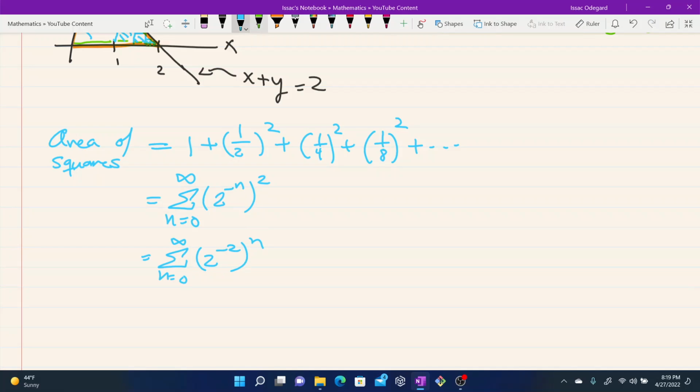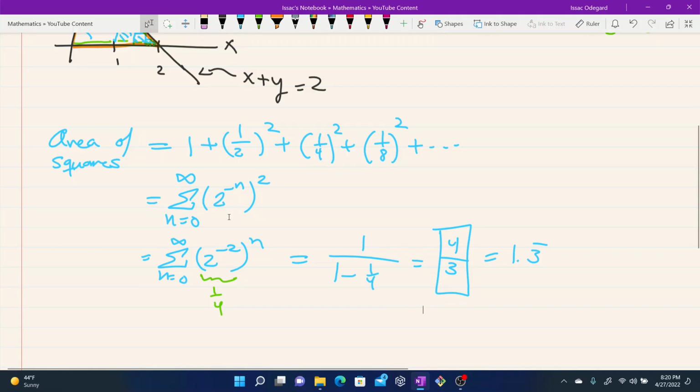You do that, and the inside is equal to 1/4. So we are really just adding up the geometric series with r equals 1/4. So this is 1 over 1 minus a fourth, which turns out to be 4/3, or 1.3 repeating. And so I'll use 4/3 here.